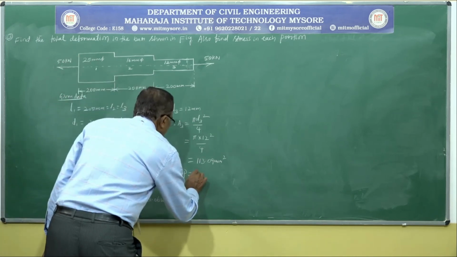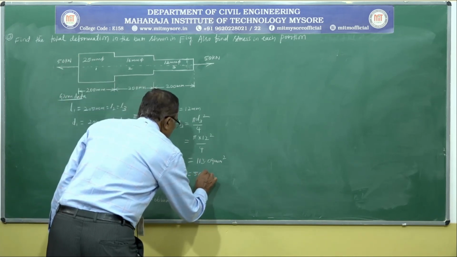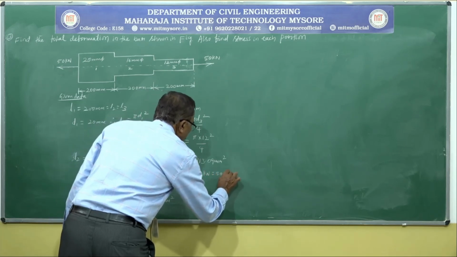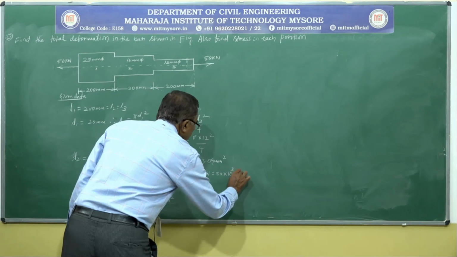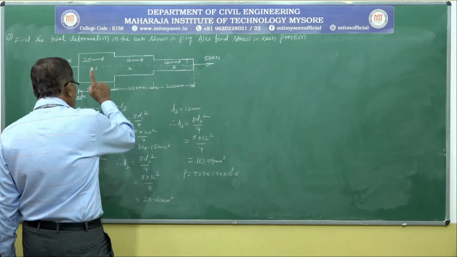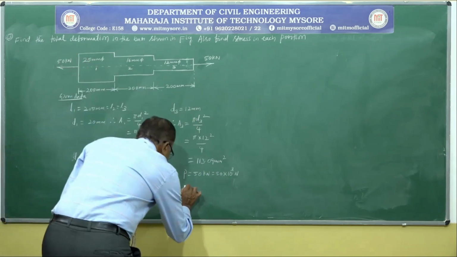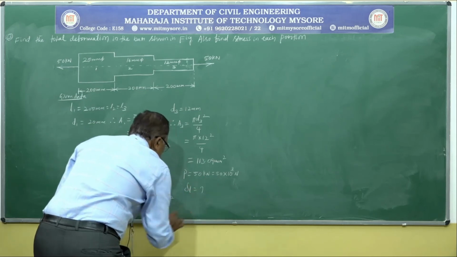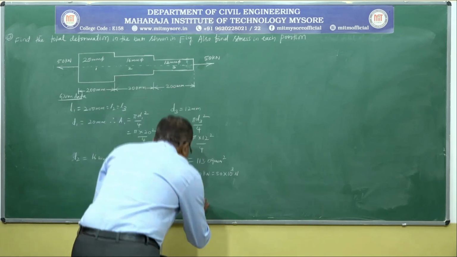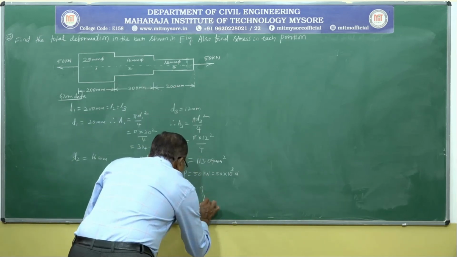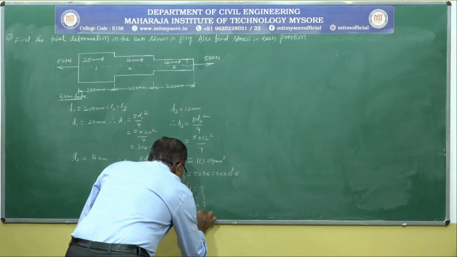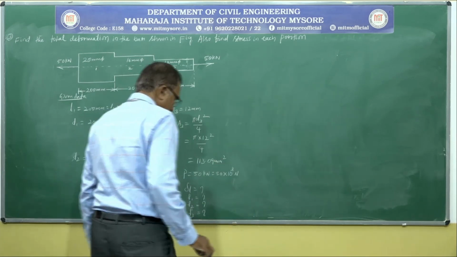Given P is equal to 50 kilonewton tensile load, that is 50 into 10 power 3 Newton. We are asked to find the total deformation, delta L is equal to question mark, and then the stresses in different portions, F1, F2 and F3.